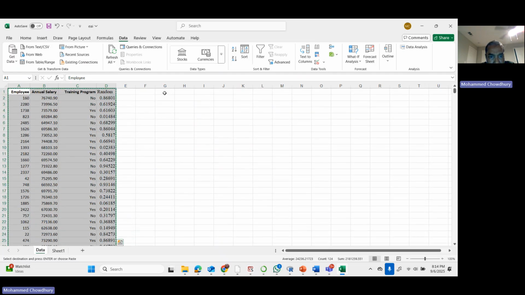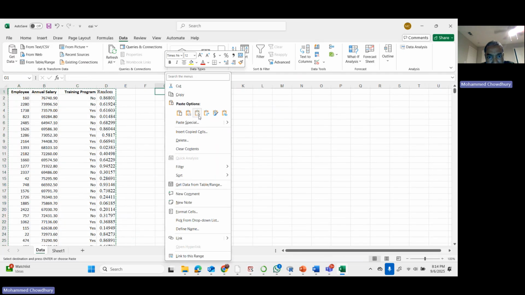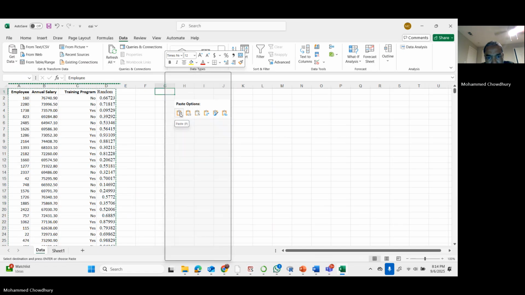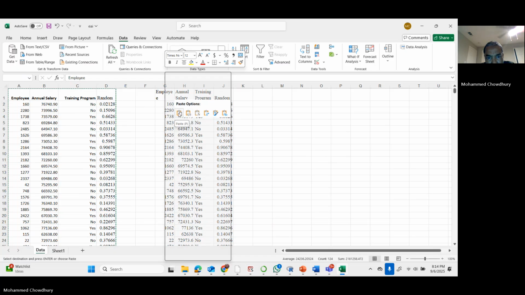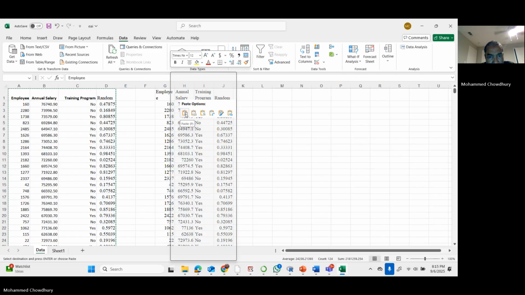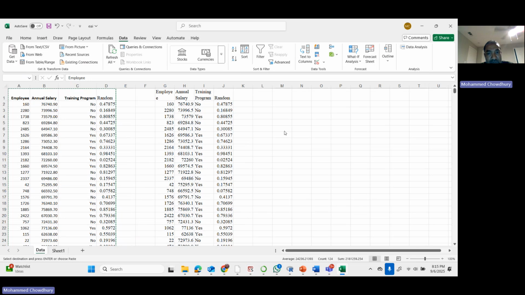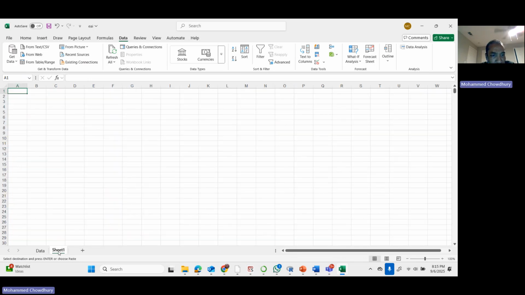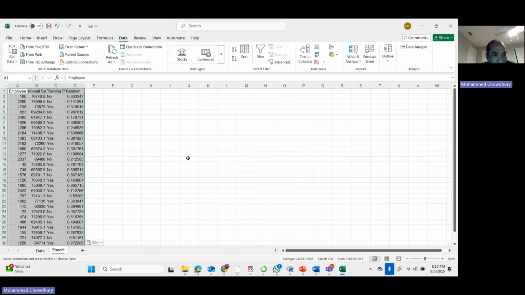This is my sample. Let me paste it in there. Hopefully it will work. Now this is my sample.